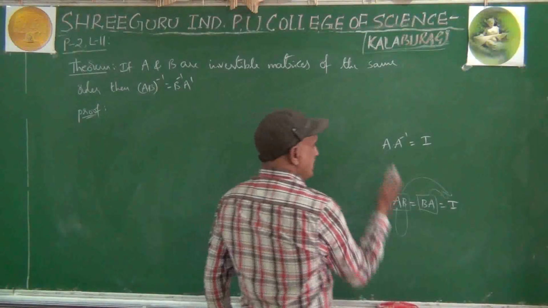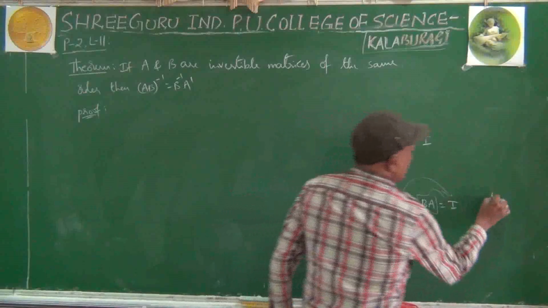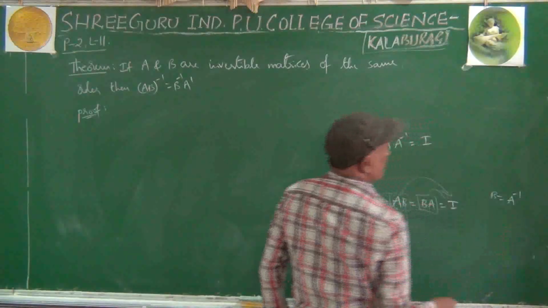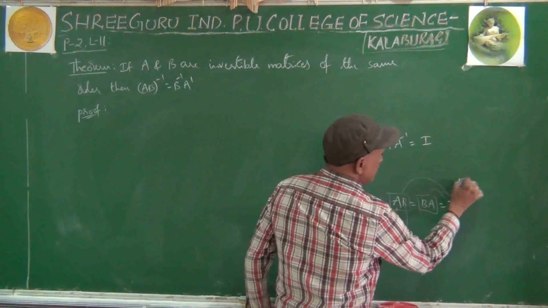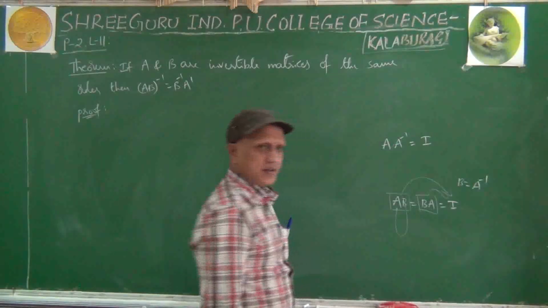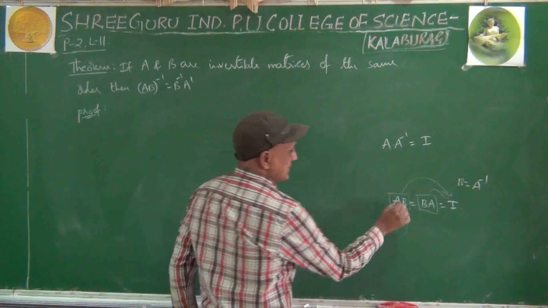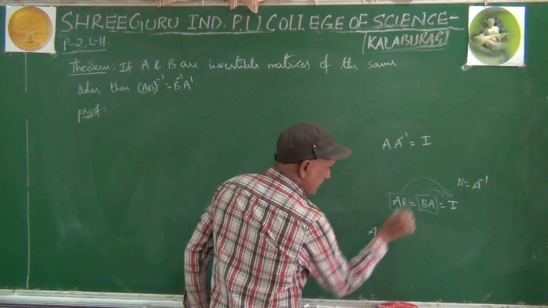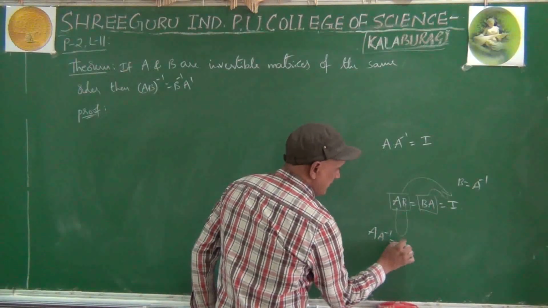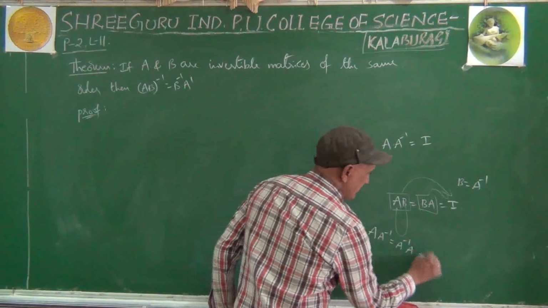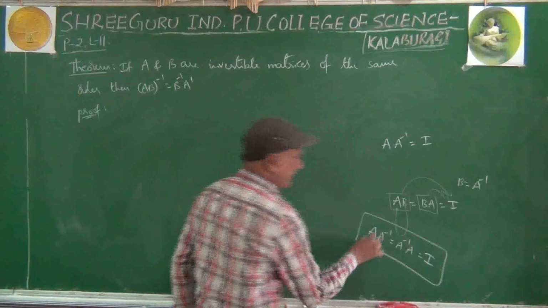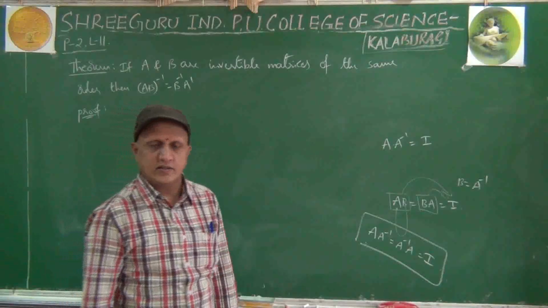So here, B is called inverse of A, meaning B is A inverse. Right?